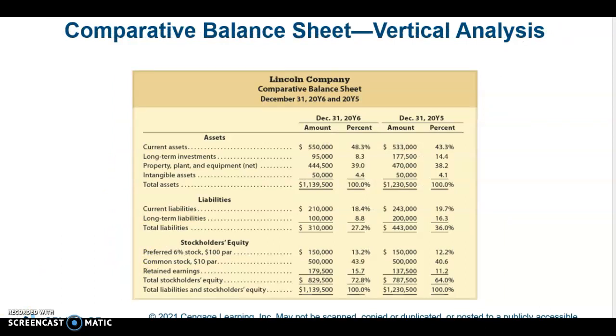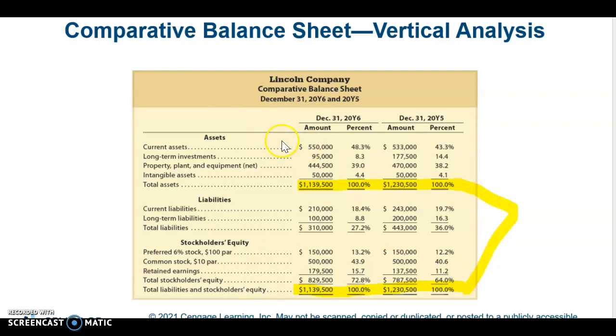We can do the same thing for a balance sheet, but our base will always be total assets. You could say total assets or total liabilities and stockholders' equity because they are the same. Because remember, in a balance sheet, these two numbers have to match.